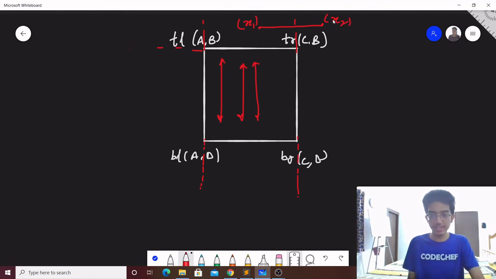We don't care about the second coordinate because we are only looking at the horizontal section. That is, we are looking at the vertical arrows and we know that the snakes will either be like this or they might be a point snake. Or even if they are like this, we can consider them to be a point snake. Should I just tell you why we can consider it as a point snake?